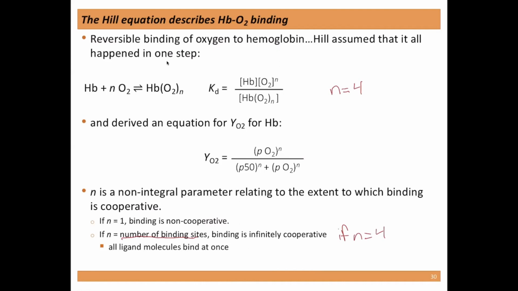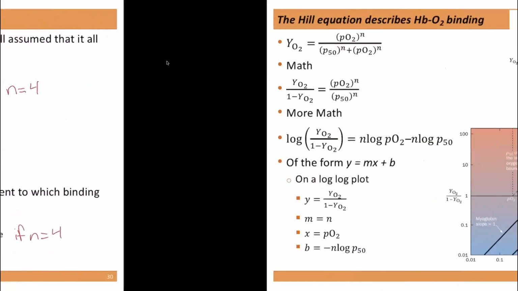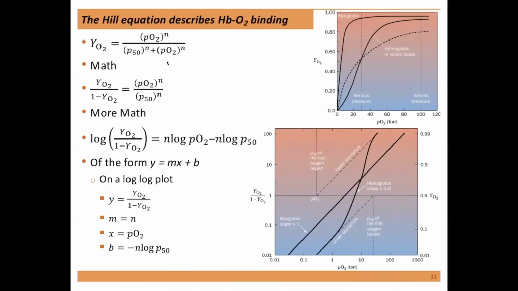It's infinitely cooperative, meaning somehow those molecules, as they start to bind, they would all bind and have the same impact. Well, that's not true for hemoglobin because we know that it's hard to get the first one off. So the N for hemoglobin is around 3-ish.